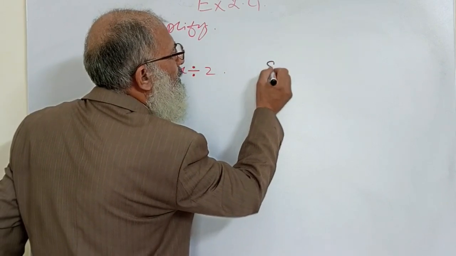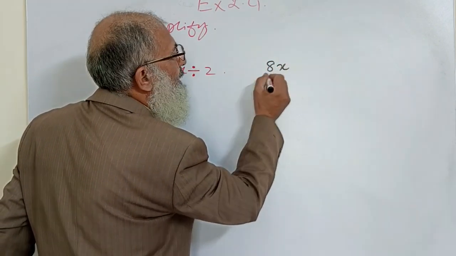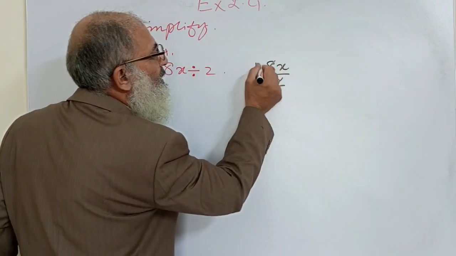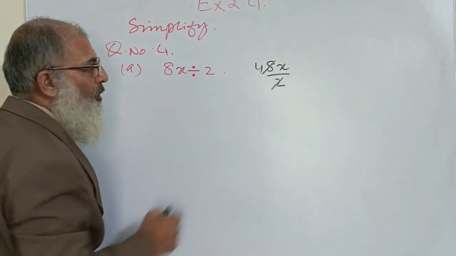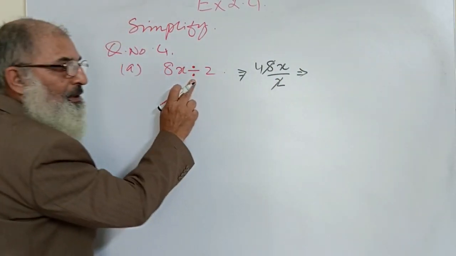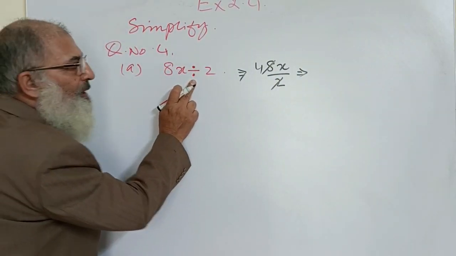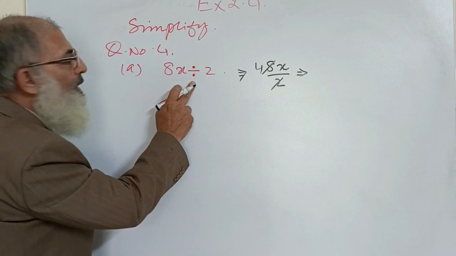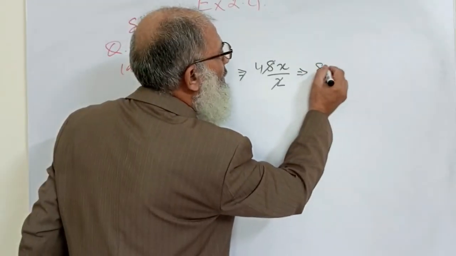Number one, you do it like this: 8x divided by 2 is simply 4x. Or you can do it like this: when this sign is division, you can convert it into a multiplication sign as well.